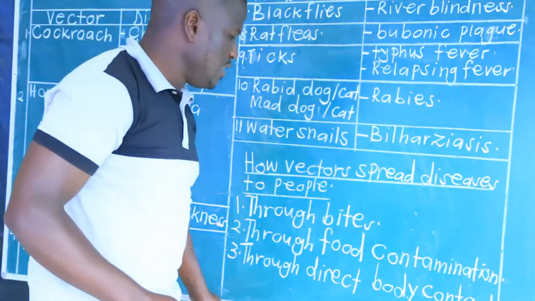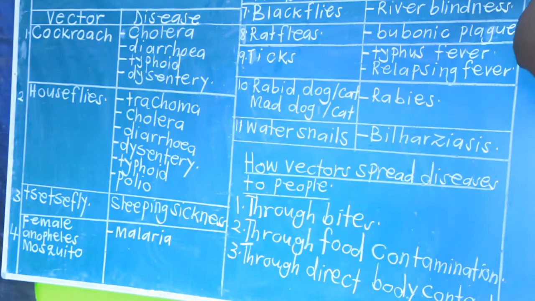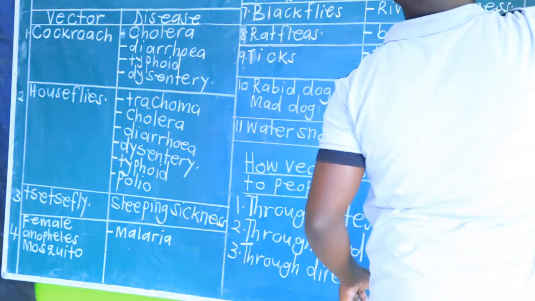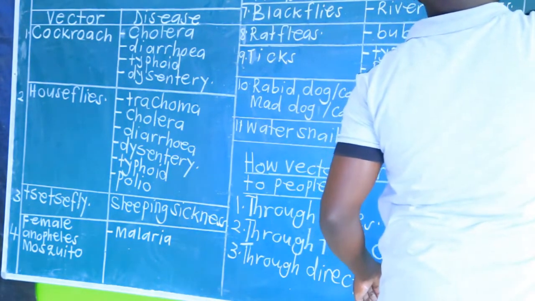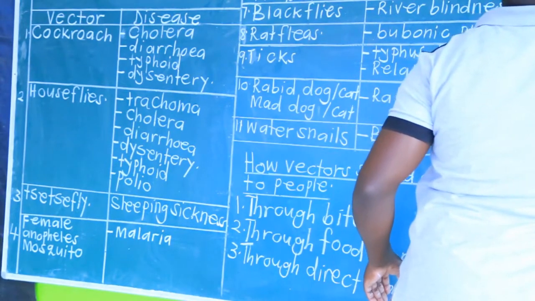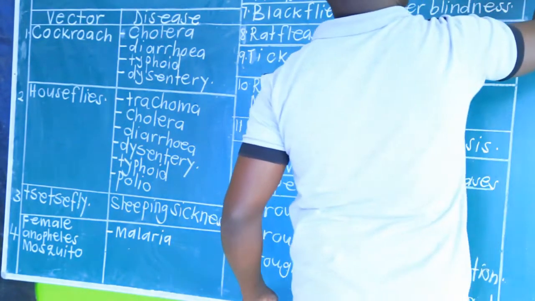So, as I say, we are going to look at vectors one by one, and the first vector we're going to look at is the cockroach, or cockroaches.